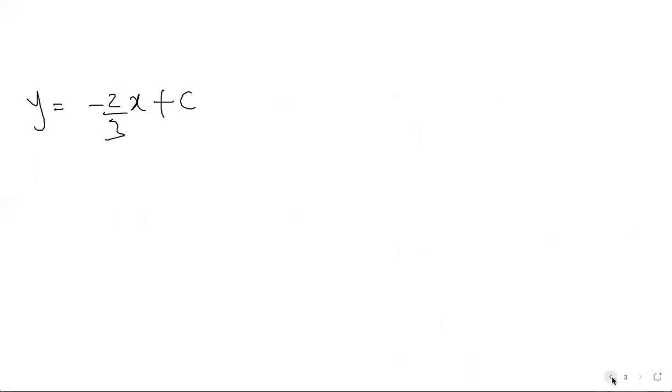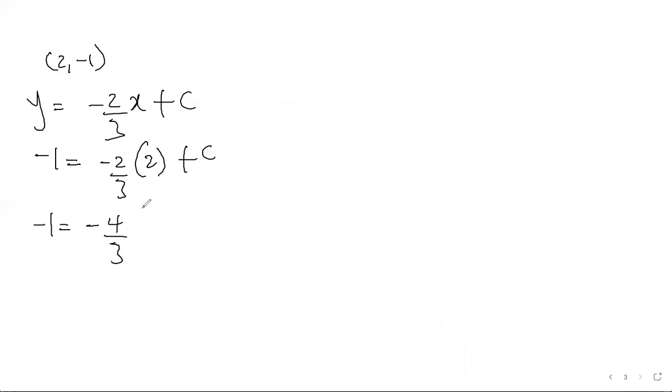And the coordinate I have is 2, minus 1. So y is minus 1, x is 2, plus c. So minus 1 will be minus 4 over 3 plus c. Then minus 1 plus 4 over 3 will be equal to c.